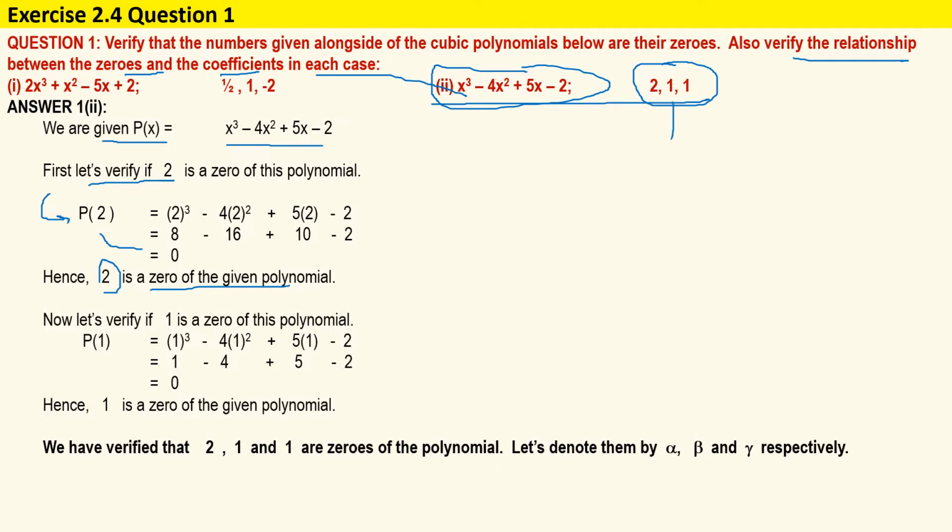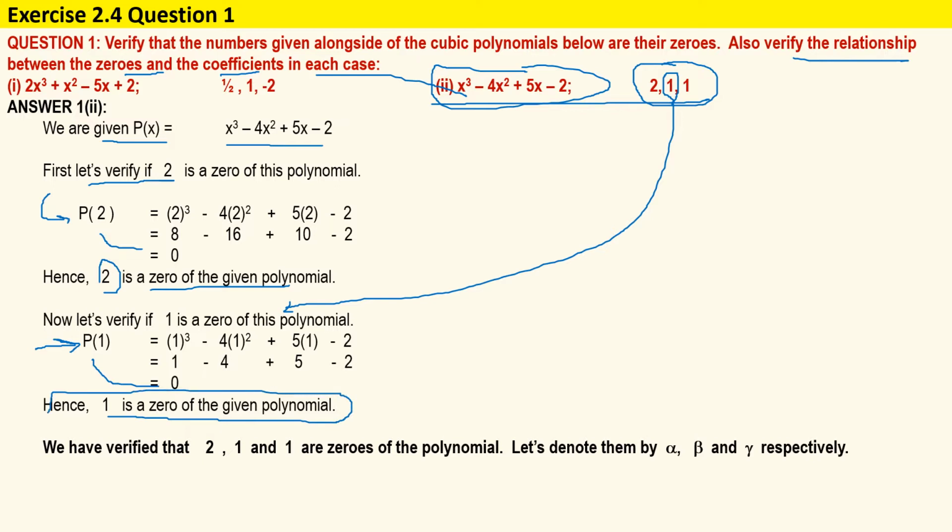Next, let's see if 1 is a zero of this polynomial, because 1 is another number given to us. So we put x equal to 1 and we see p(1) is equal to 0. Hence 1 is a zero of this given polynomial also. So by now we have verified that the numbers 2, 1 and 1 are the zeros of the given polynomial.